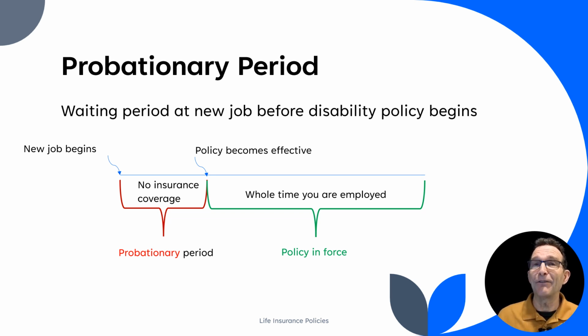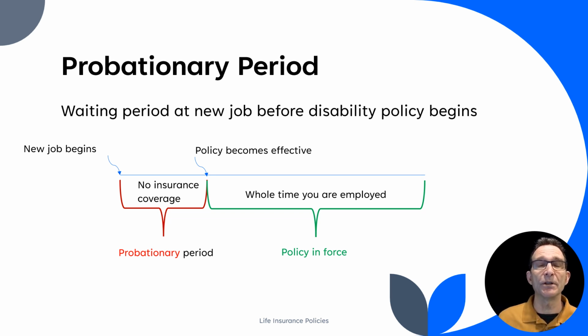As you can think of it being on probation when you start a new job, right? They're checking to see whether you're going to stay with the company, stay employed before they invest and make your benefits package go into force. So that waiting period is totally different. It relates to a new job and a waiting period before you even have coverage.